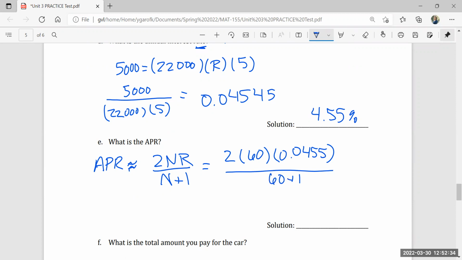So you're going to want to do this very carefully in your calculator, as always. You can't read my handwriting. Let me fix that. So 2 times 60 times 0.0455.